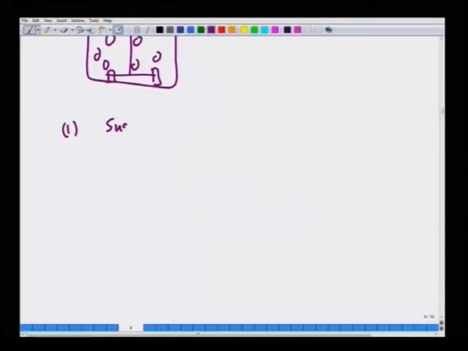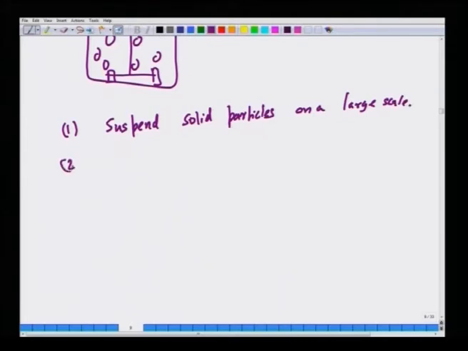Okay. So, the reasons why we agitate is to suspend solid particles on a large scale. You may want to blend immiscible fluids.